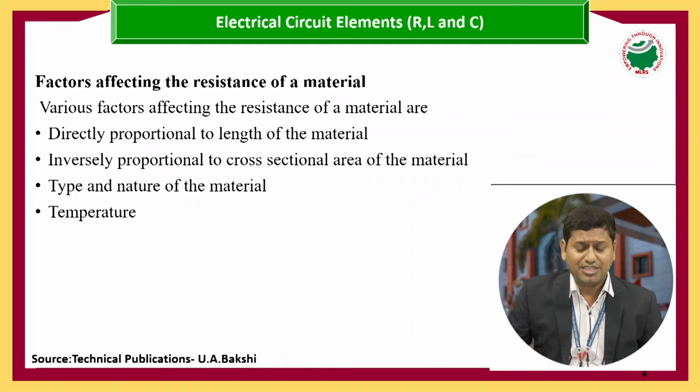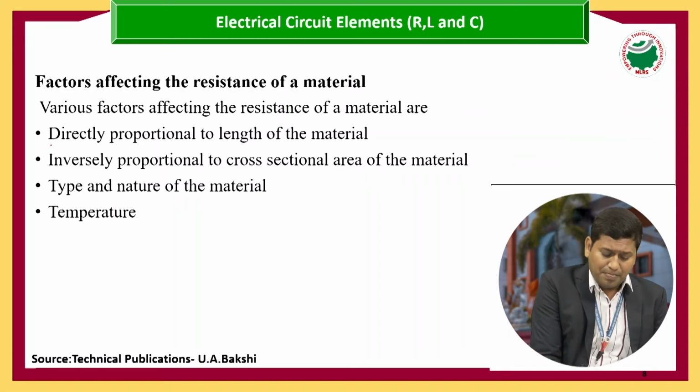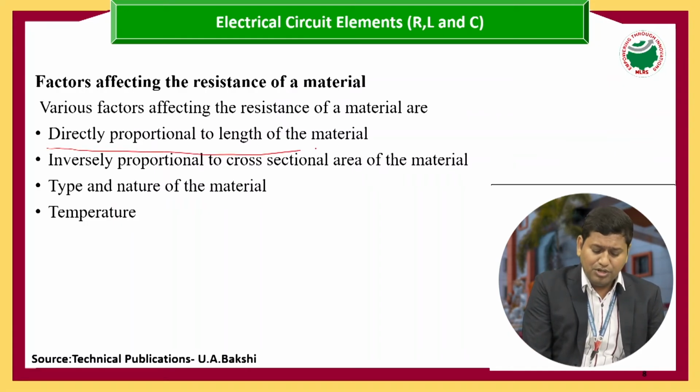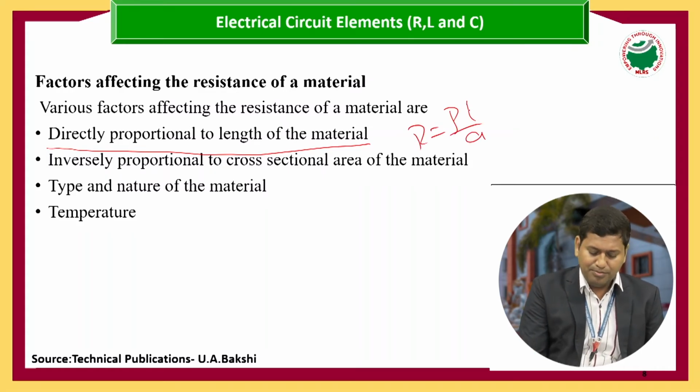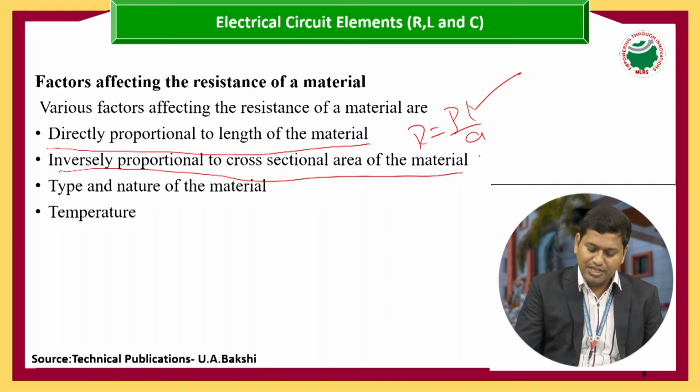The first one is that it is directly proportional to the length of the material, R equal to rho L by A. Next, it is inversely proportional to the cross-sectional area of the material, that is A.